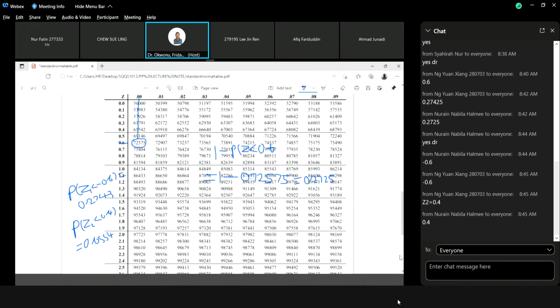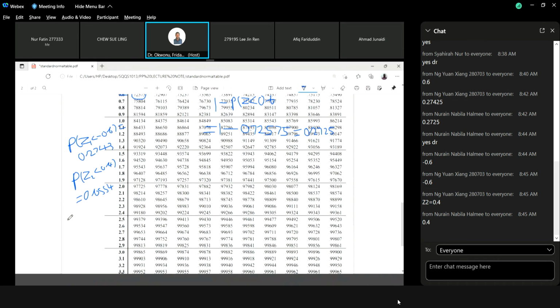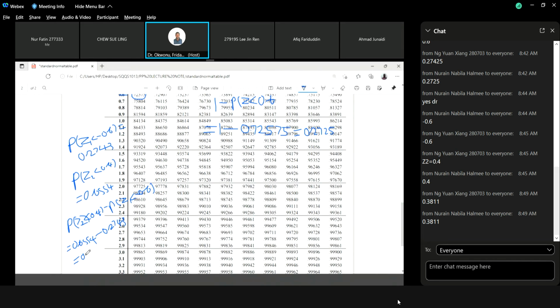Okay, so you can now write this, that P Z2 less than 0.4 minus P Z1 less than minus 0.6 is equal to 0.6554 minus 0.2743. What is your answer? 0.3811.